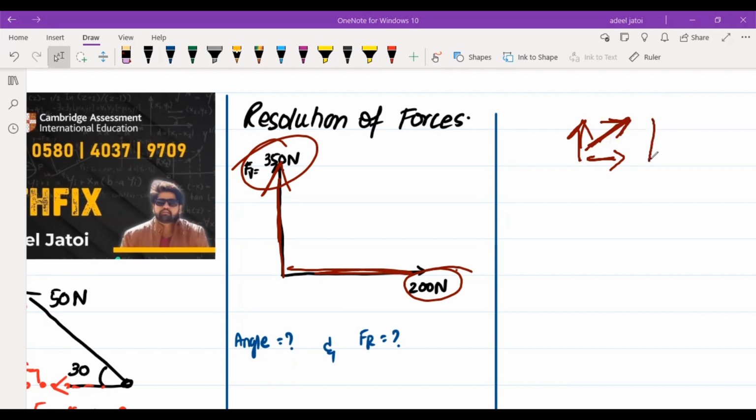You can take the experiment as well by telling somebody to hold it from the right and to hold it from the front of you. And if they just pull you towards them, you will act diagonally towards the right and the north direction.